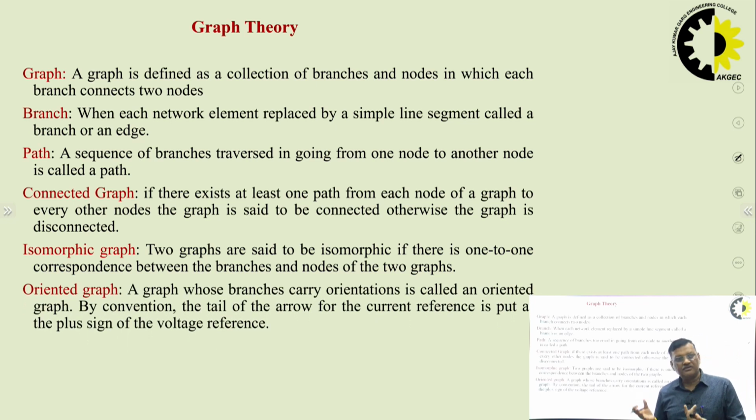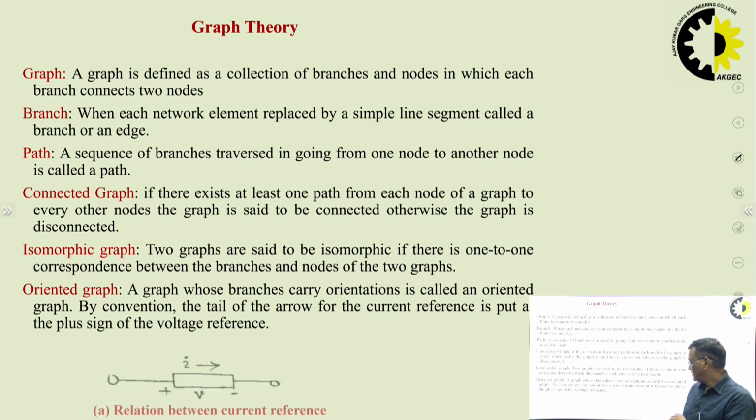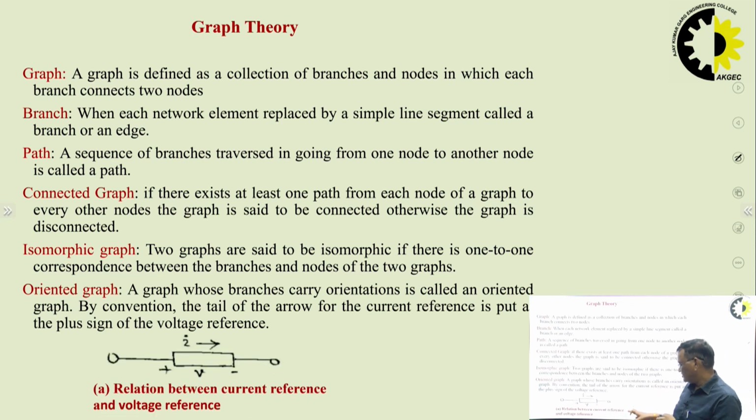Then what is an oriented graph? If a graph carries orientations, it is called an oriented graph, and by convention we have to follow some rules to orient the graph. By convention, the tail of the arrow for the current reference is put at the plus sign of the voltage difference. Suppose this is a voltage source and this is the direction of the current.